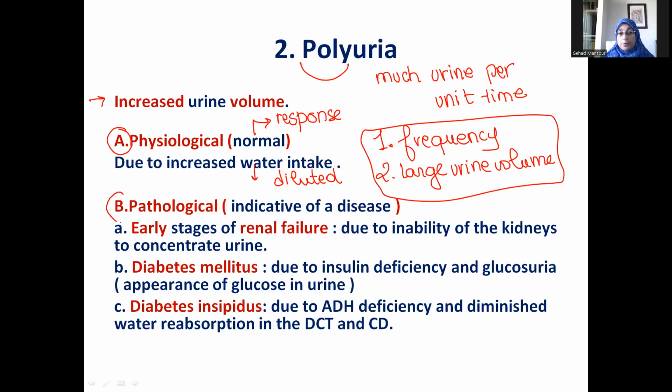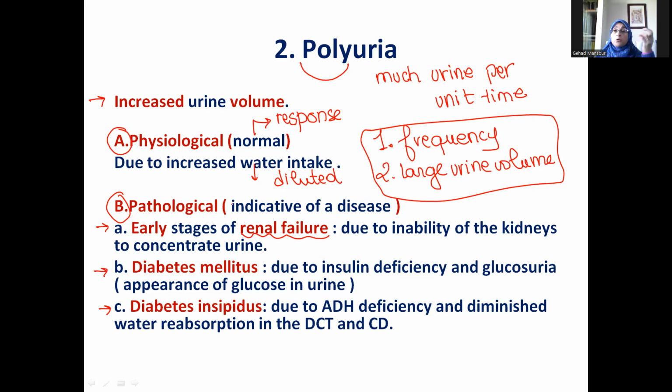But it might also be a pathological condition indicative of a disease, and we have 3 main causes for pathological polyuria. The first cause is renal failure, the early stages, because we will be discussing 3 stages of renal failure: early, mid, and late renal failure. What is renal failure? It is when both kidneys stop functioning.